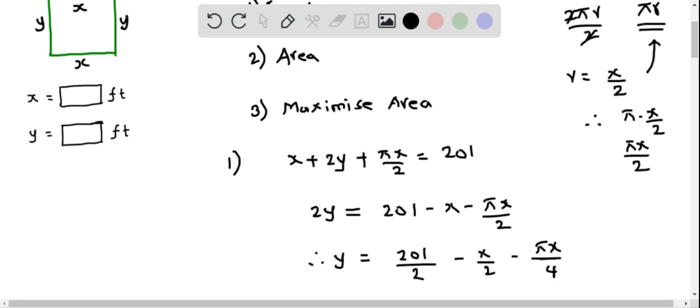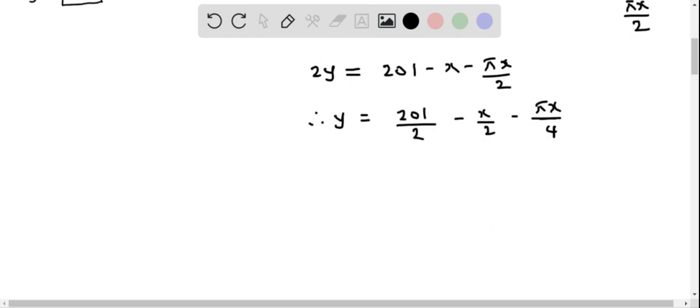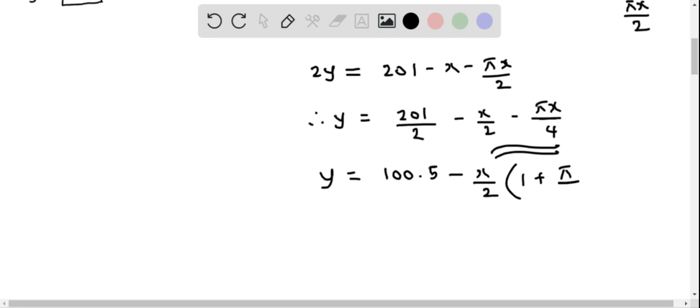We can write this in a simplified form. So let's do that. We get y equals 201 divided by 2, which is 100.5, and we can factor x by 2 from these two terms. So I'm going to factor minus x by 2, and when I do that I get 1 plus pi by 2. We can double check this.